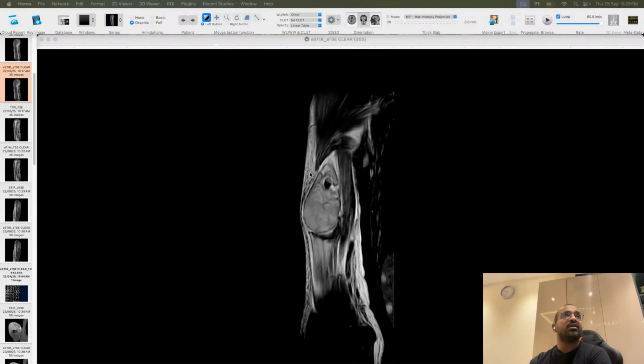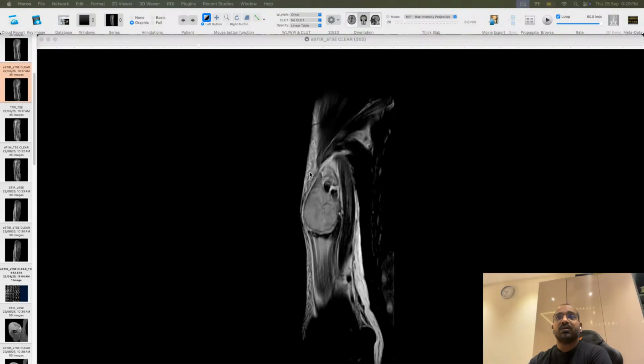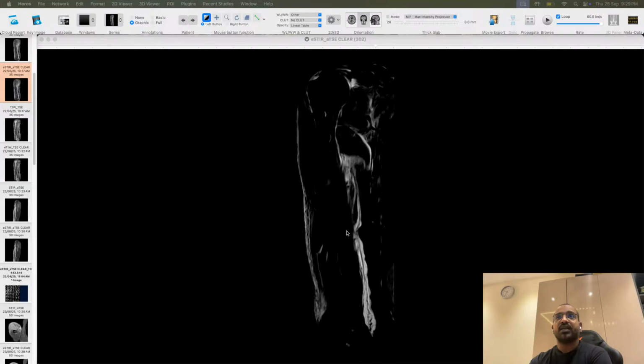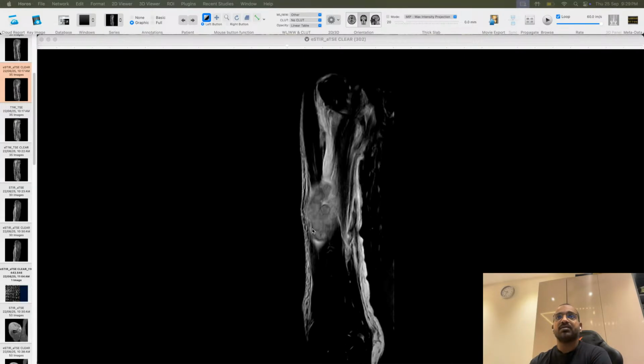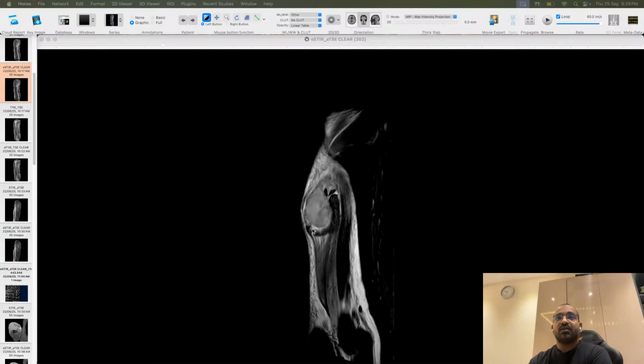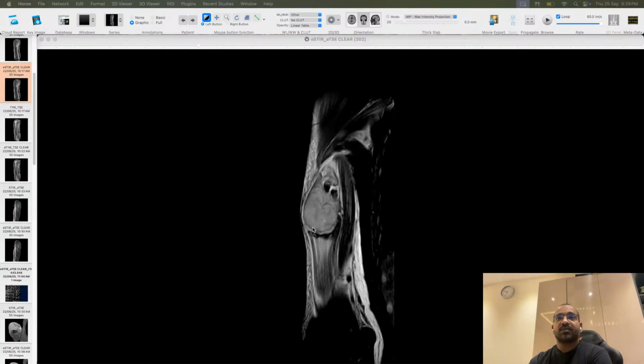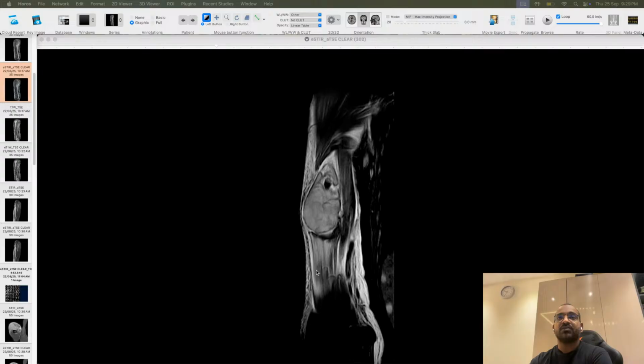If you see this, it is sitting almost at the mid shaft level of the humerus, and there is diffuse muscle edema and soft tissue edema surrounding it. He came with a history of trivial trauma and swelling at the mid arm level.